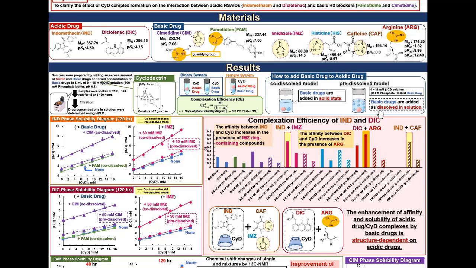In the pre-dissolved model, the basic drug was added to the solution after dissolving it in phosphate buffer. In the phase solubility diagram, the solid line indicates that the drug was added in a solid state, the co-dissolved model, and the dashed line indicates that the drug was added in a dissolved state, the pre-dissolved model.